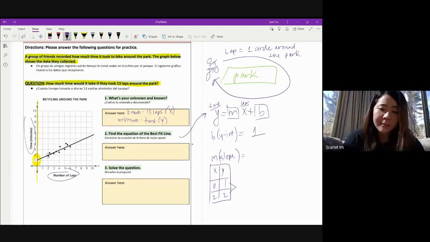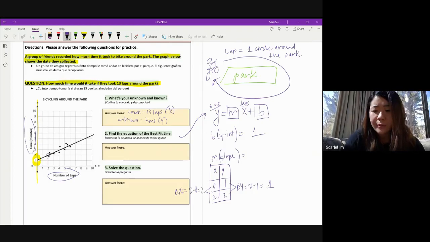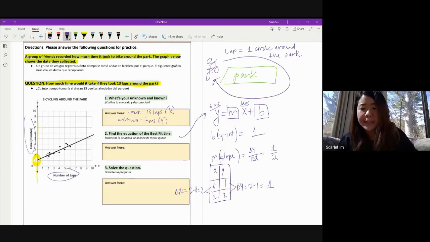Change in y is 2 minus 1, that's going to be 1. And change in x is 2 minus 0, which is 2. They're both positive. So it's going to be my change in y over change in x, so it's going to be 1 over 2, positive.